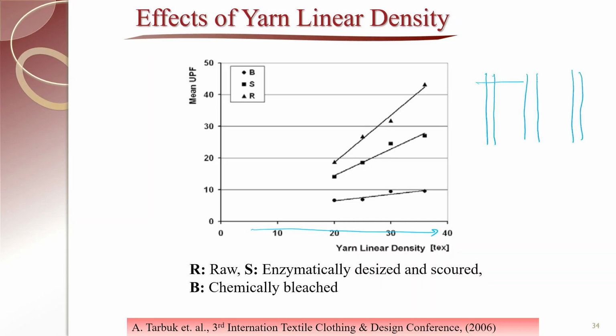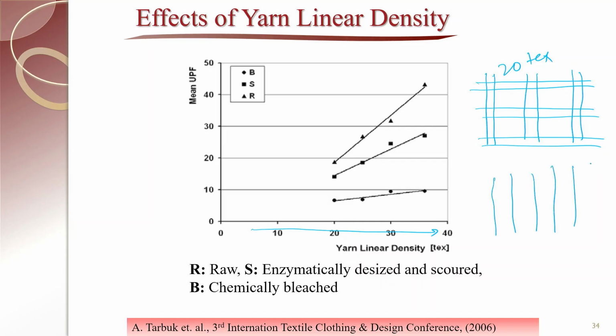This is the lower diameter yarn, say it is a 20 tex, and if we are making it coarser, so if you see, it is coarser yarn.